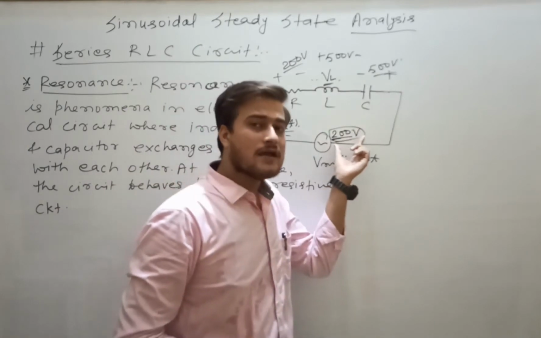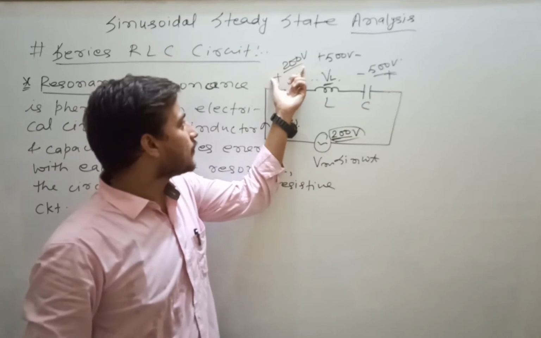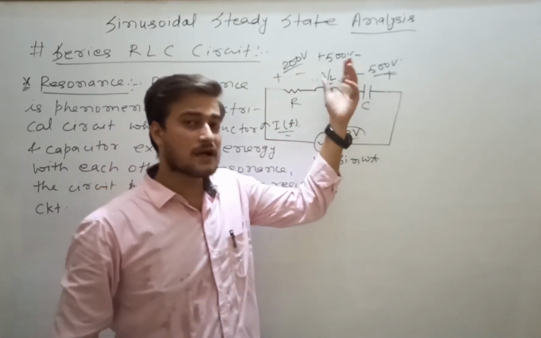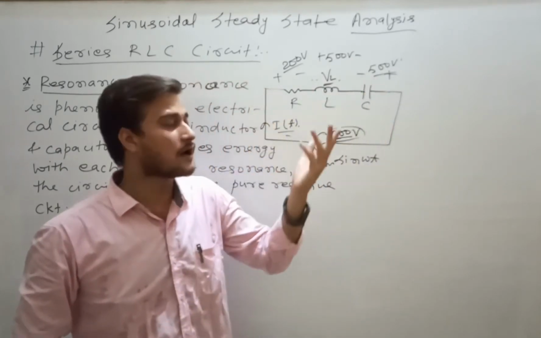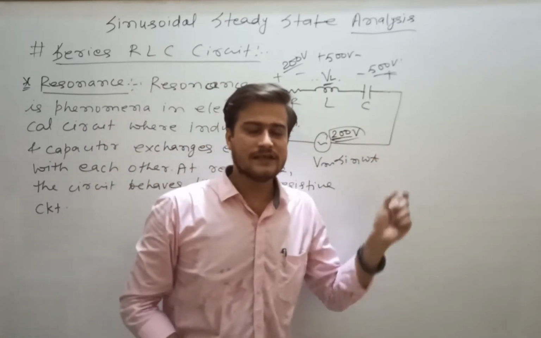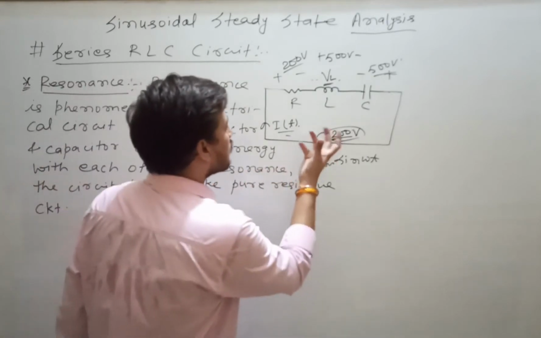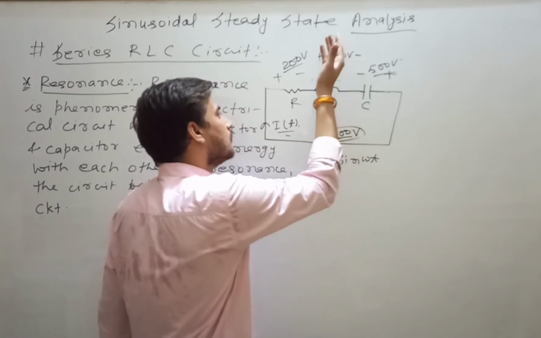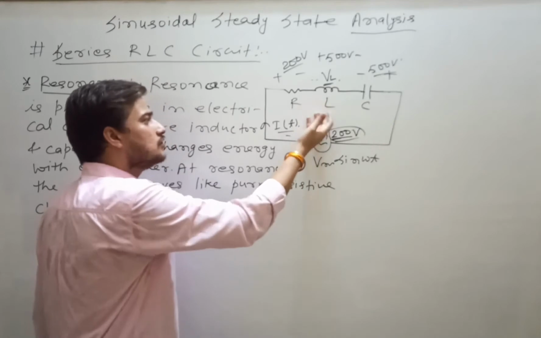That means you are applying 200 volt. The complete 200 volt will appear across the resistor, and across the inductor and capacitor you are getting much higher voltages, of magnitude 500 volt, 1000 volt. So why does it happen? We'll see the reason. Now you can think, if you are applying 200 volt and you are getting 500 or 1000 volt, then this type of circuit will be very useful for you.